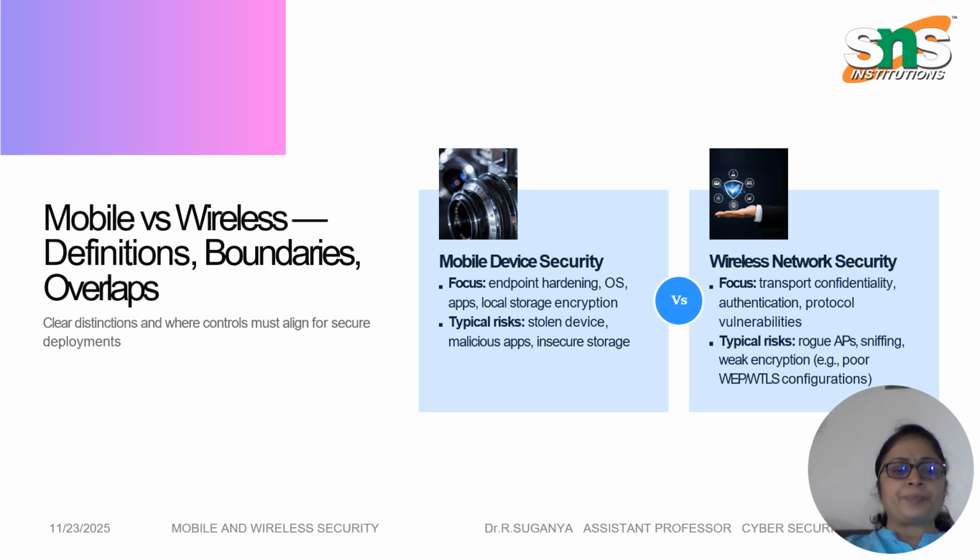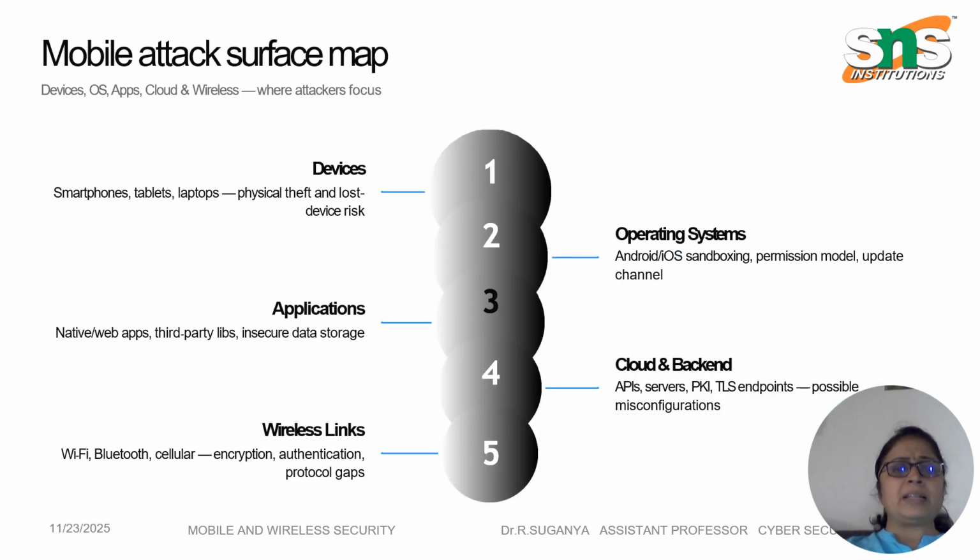And next is the mobile attack surface map. The devices we mainly use are smartphones, tablets and laptops, which come under physical theft and lost device risk.